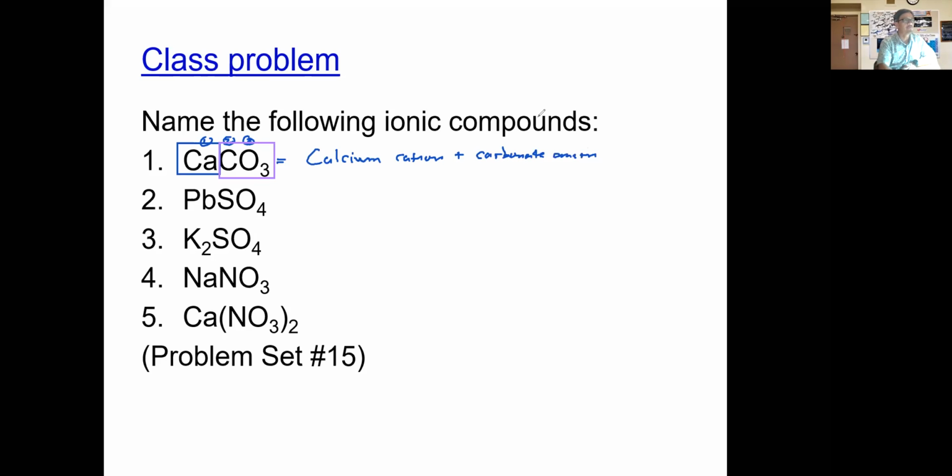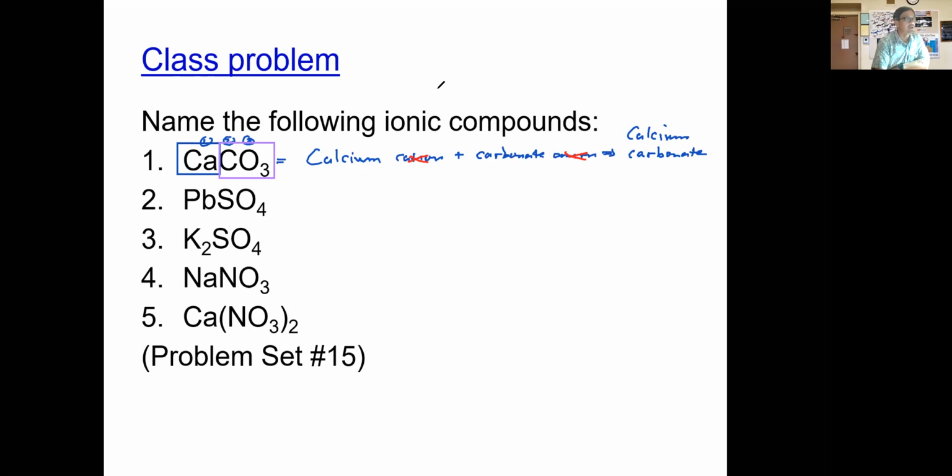So when we go to name this compound, we drop the term cation, we drop the term anion, and we combine whatever's left over, and so we have calcium carbonate. This is the stuff that we use in making cement. So that's calcium carbonate.